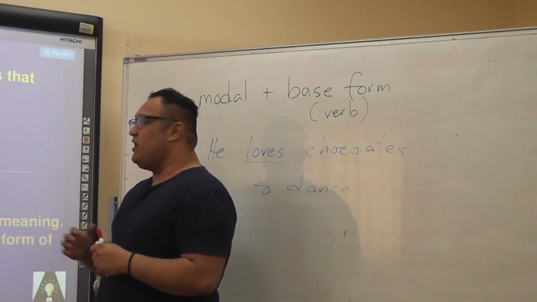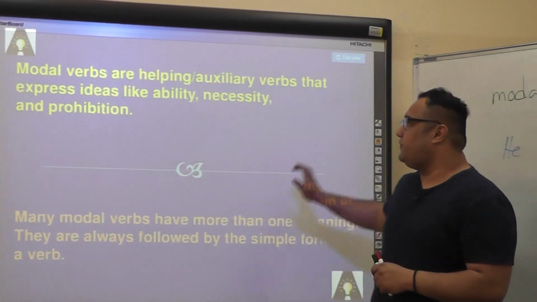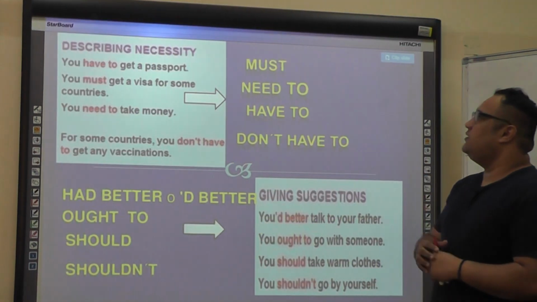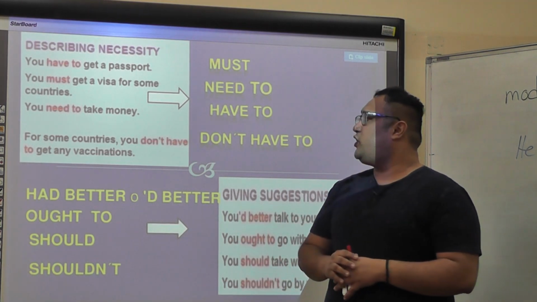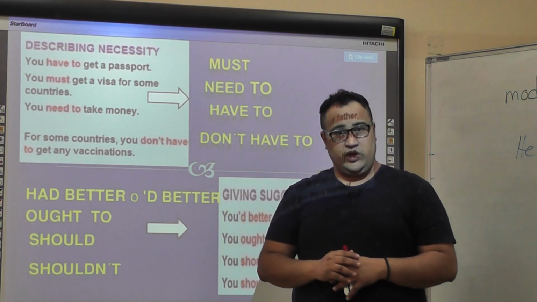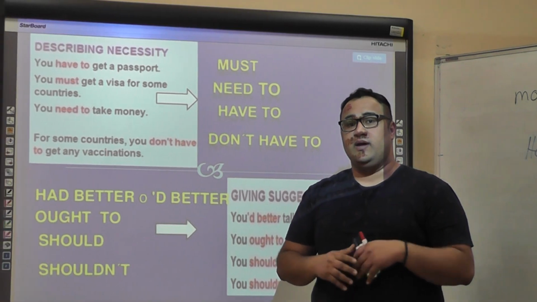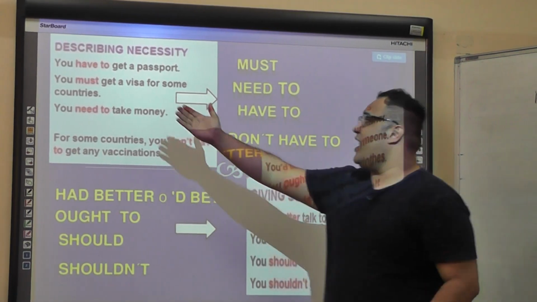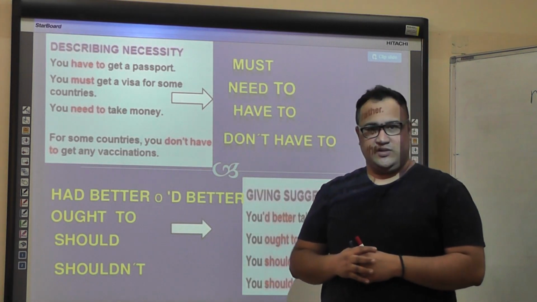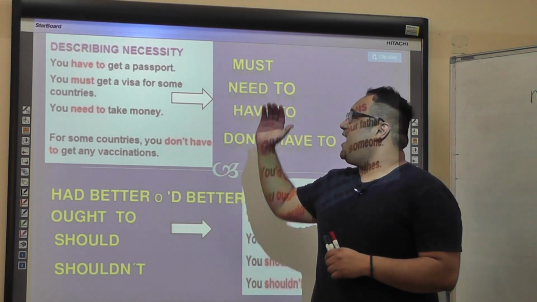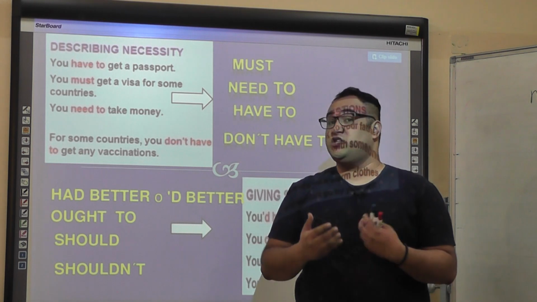We begin with modals for describing necessity. There are some modals that we use whenever we describe necessity. So we have have to, must, and need to. Actually, all of them can be used interchangeably.